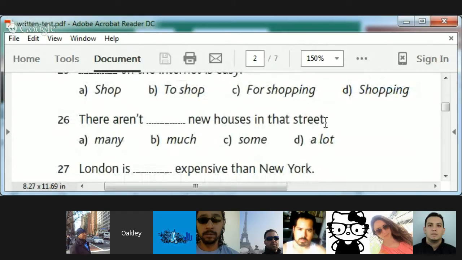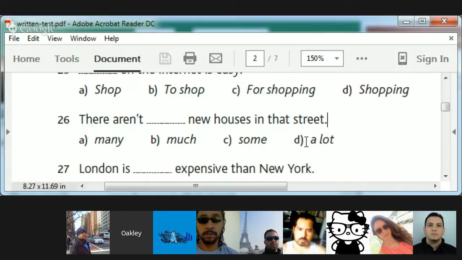Number 26. Amore's gone. Okay. Mustafa, well, it's your turn. 26. There aren't blank new houses in that street. A lot, no. Some, no. Some new houses in that street.